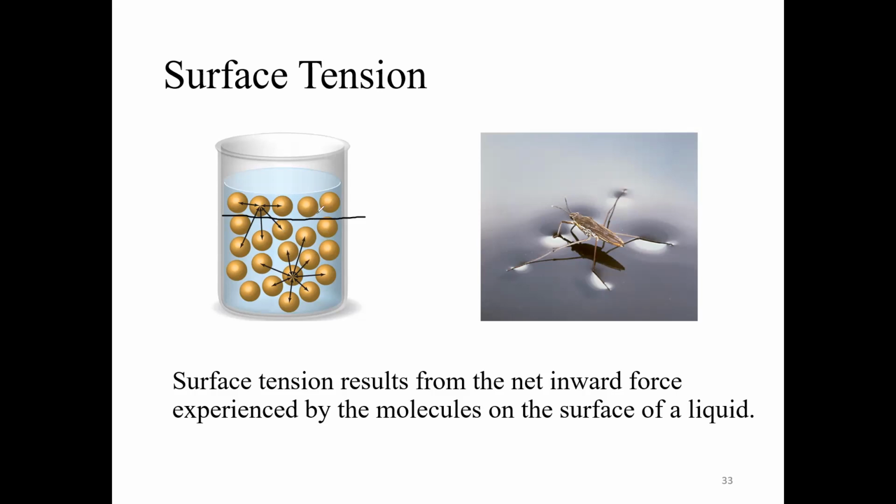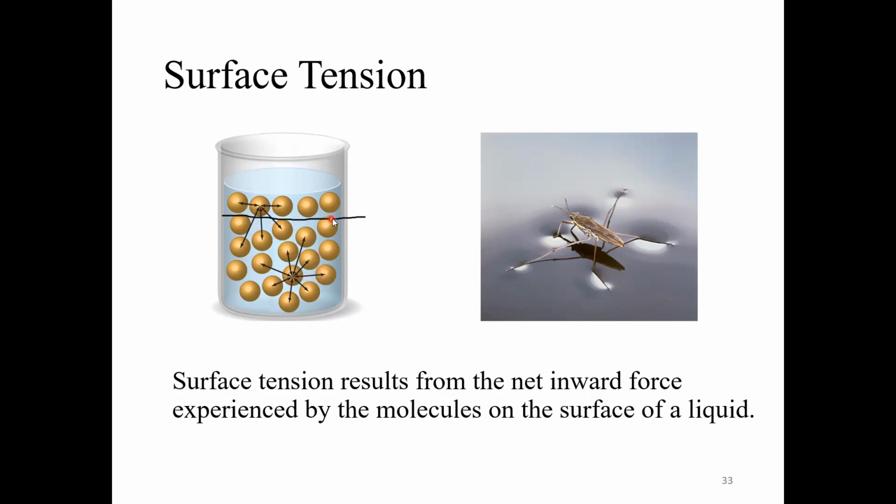Because when we're looking at a liquid, we've got kind of 2 different aspects of it. One of them, the bottom one here, is going to be known as the bulk. And if you look at this one molecule in particular, so if we think about each of these circles as representing a water molecule, with the water molecule here in the middle, it's going to be attracted to water molecules in every direction.